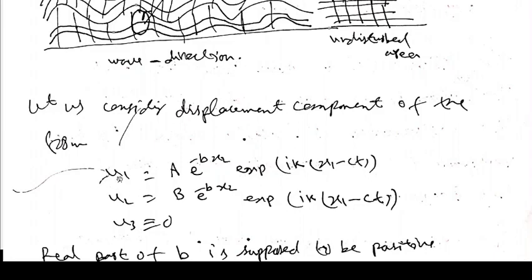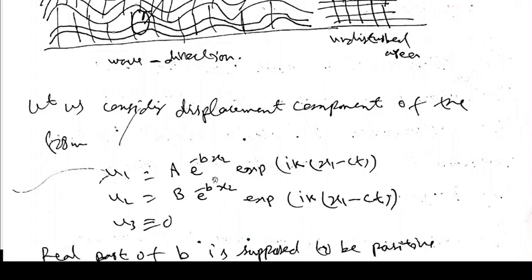So we have two components of displacement, u1 and u2, u1 in this form and u2 in this form. A and b are both constants. This is b, the coefficient of x2, in the term e to the power minus b x2.